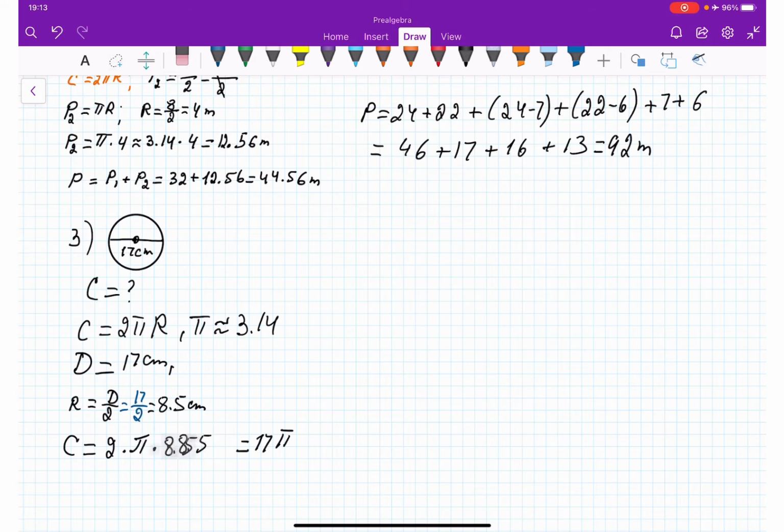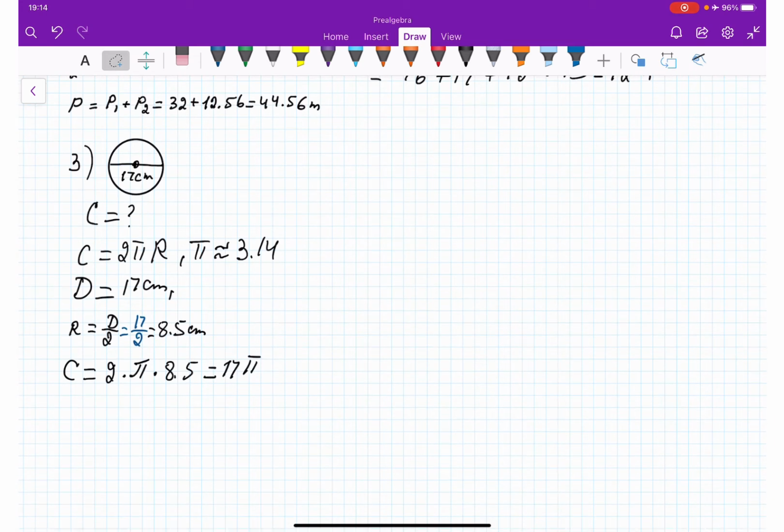And this one also, bring closer. 17 pi. So the approximate value, C is equal to 17 times pi, which is 3.14, and that is going to be approximately 53.38 centimeters. All right.